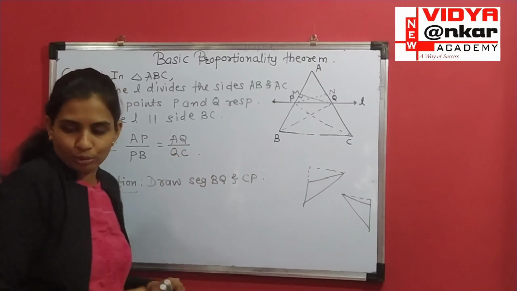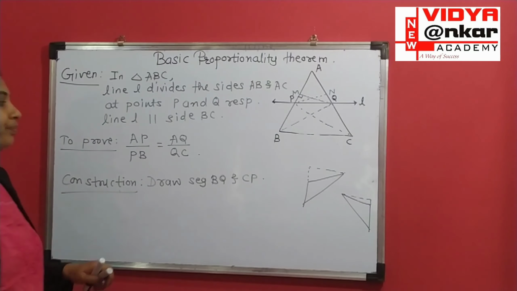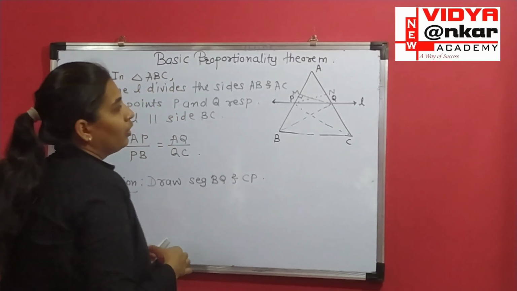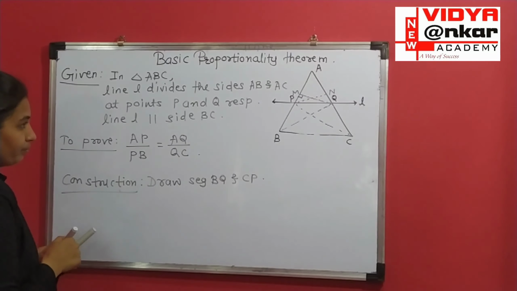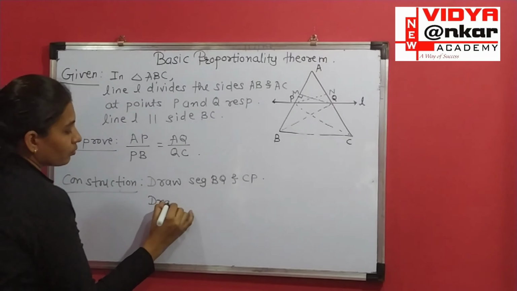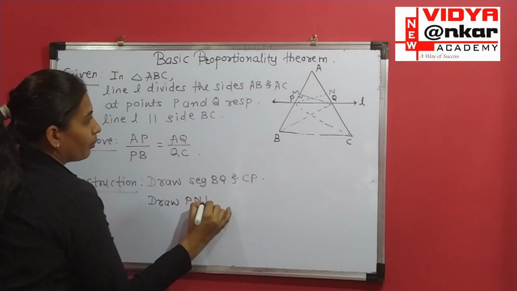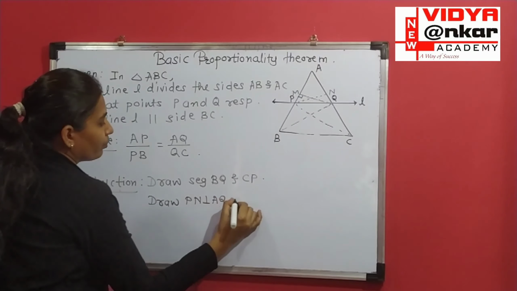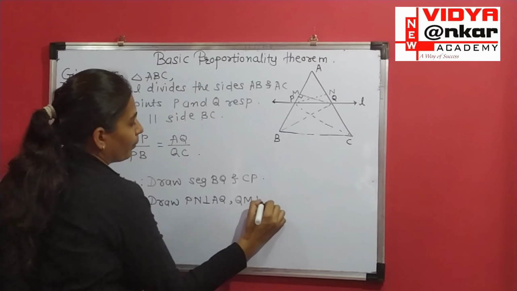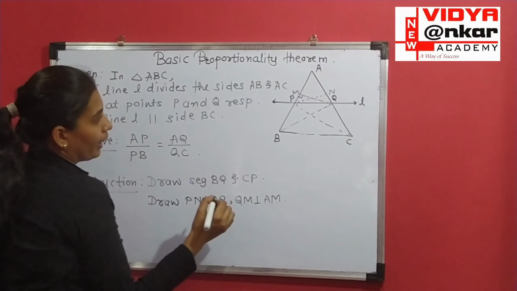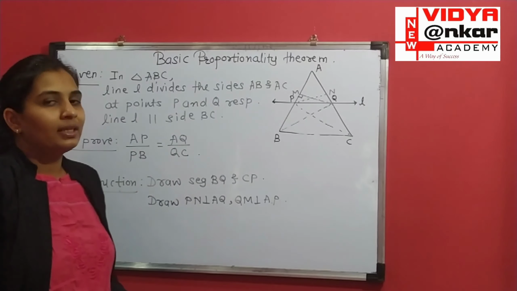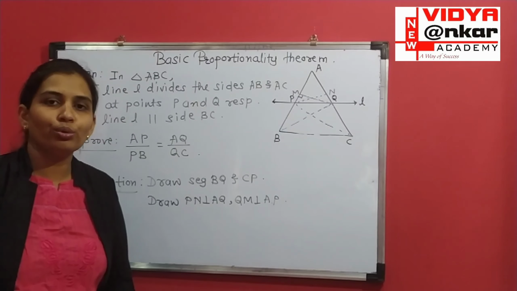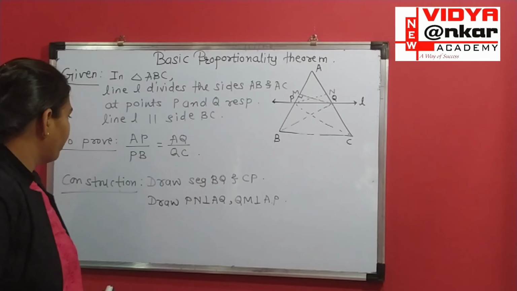So we have to use this property further. So I have drawn QM, draw PN perpendicular to AQ and QM perpendicular to AP. Now students, these are the given, to prove and construction.